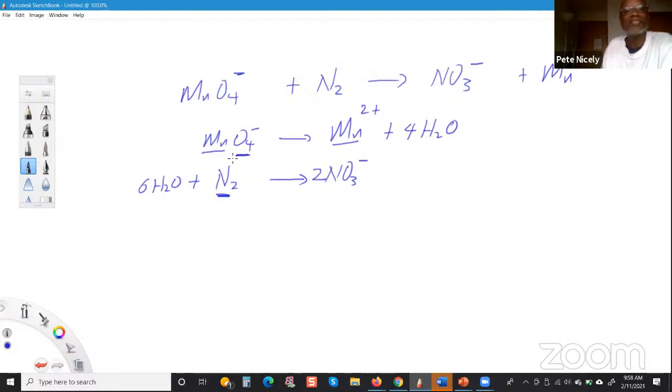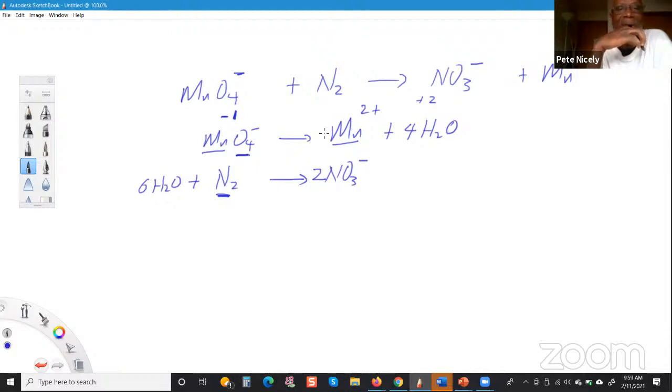So let's start off with this half equation here. In this half equation, we have a total of -1 charges on the left side, and over here, we have a total of +2 charges on the right side. So the question now becomes, how do we balance the charges?